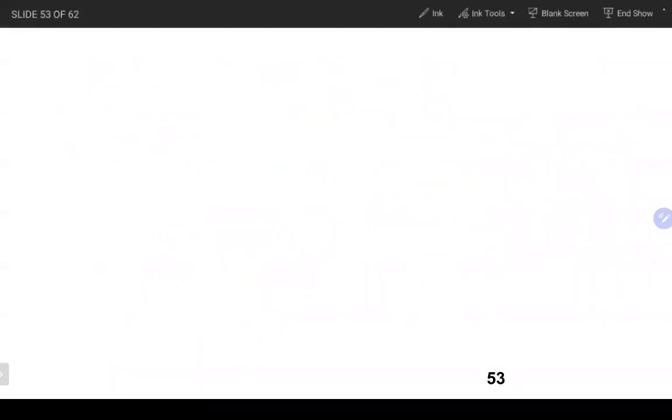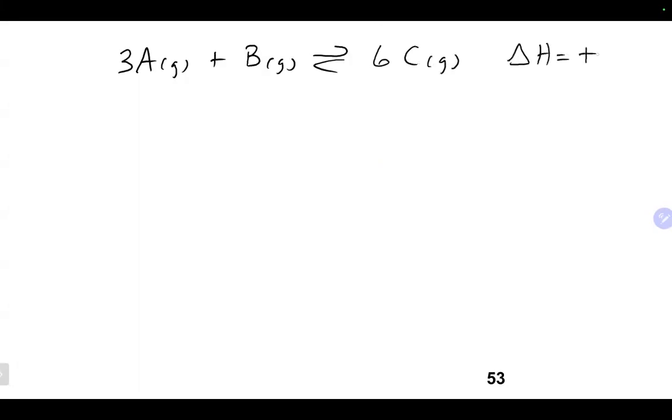All right, so let's take a look at a reaction here. I'm going to make up, let's do 3A, that's a gas, plus B goes to 6C, delta H positive 325 kilojoules.